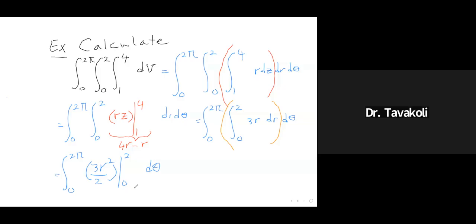So what is this? 3 times 2 squared over 2, minus, at r equals 0, 3 times 0 squared over 2. 3 times 2 squared over 2 is just 6, and the other term is 0. So far we have the integral from 0 to 2 pi of 6 d theta.